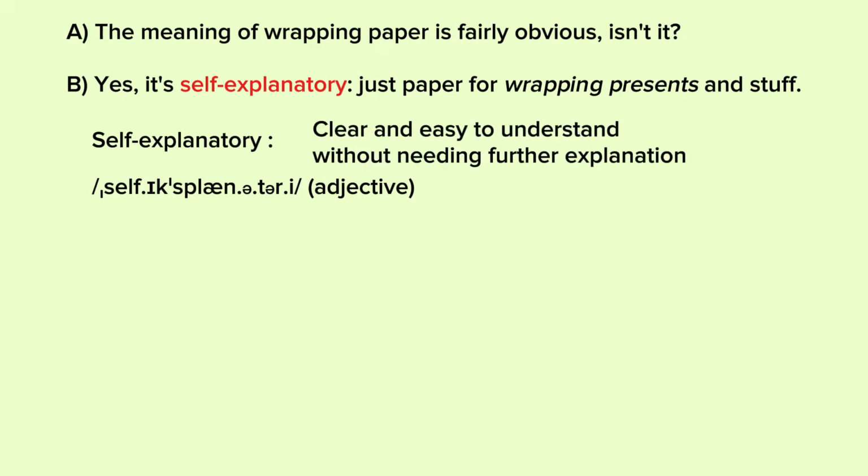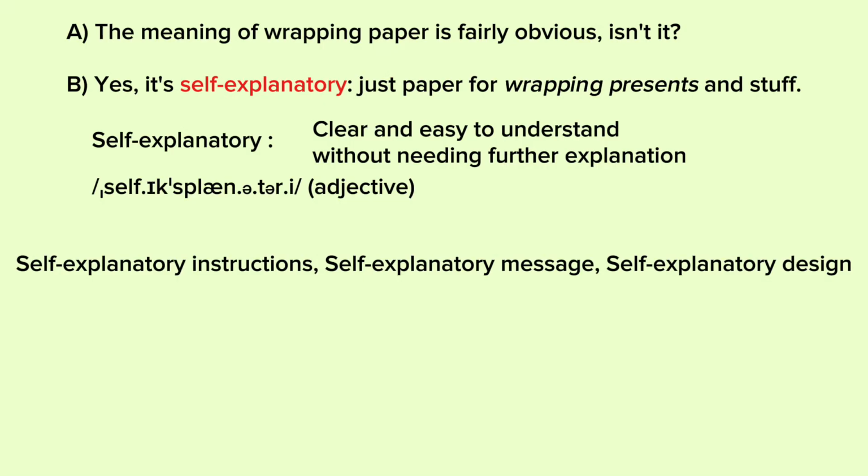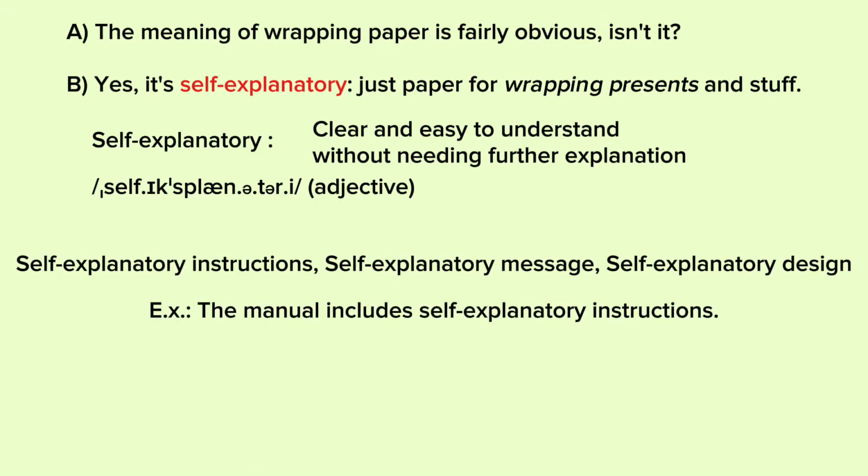It means clear and easy to understand, without needing further explanation. And the collocations are self-explanatory instructions. The manual includes self-explanatory instructions, self-explanatory message, self-explanatory design. Okay, we can move on.